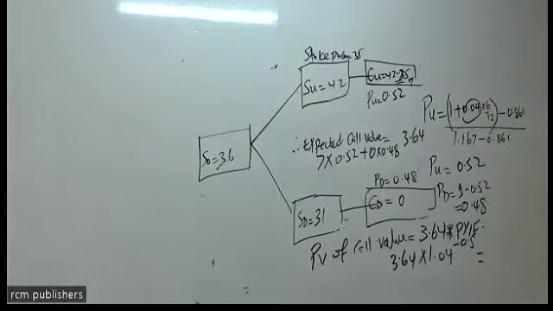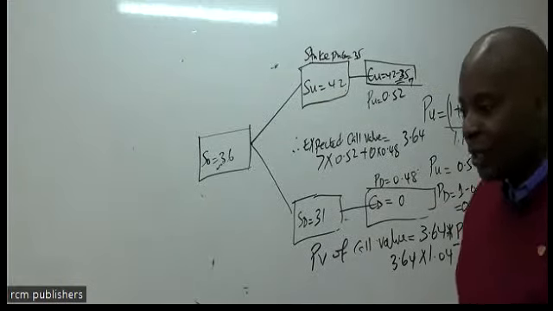Final answer 3.64 times 1.04 raised to negative 0.5. What are we getting there? 3.56, or 3.57, like the one given in the revision kit.